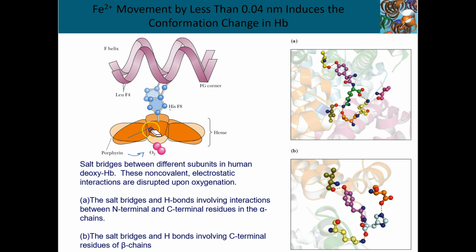When it binds the oxygen, the iron gets pulled down into plane, and this pulls the histidine residue with it, which changes the orientation of the helix that has the histidine bound to it. And over on the side here with A and B, we see a couple different salt bridges diagrammed that all are modified by this oxygen binding event.